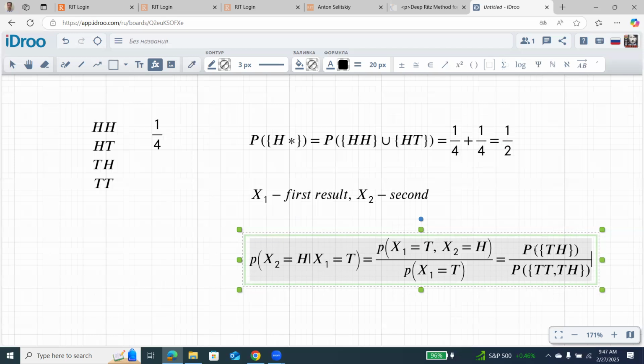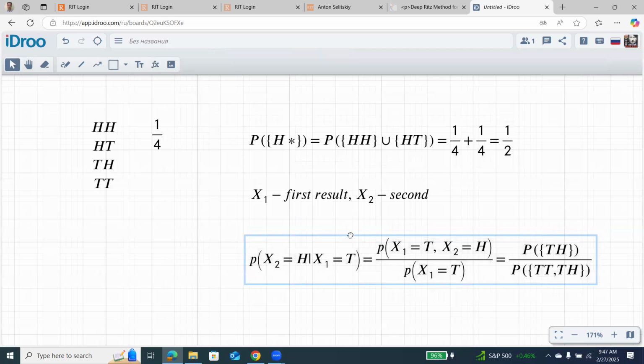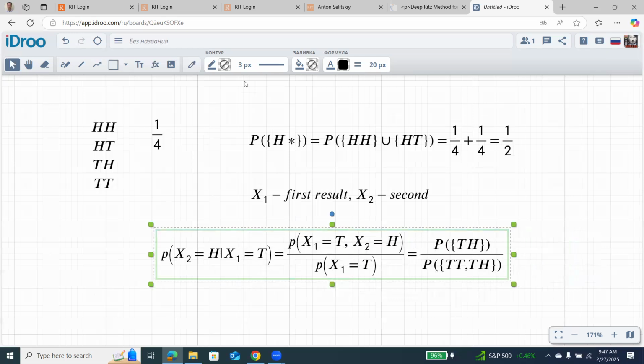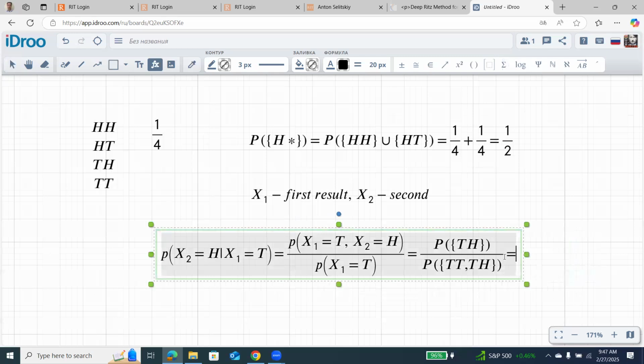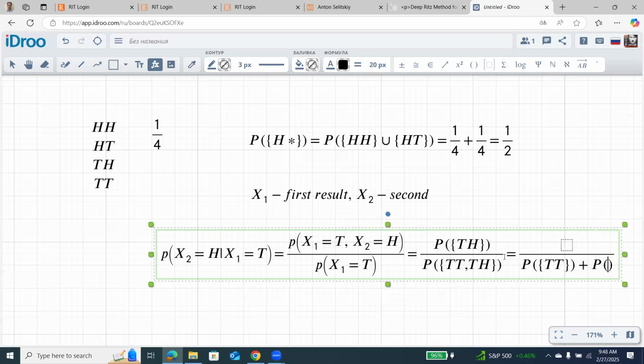So maybe it looks a little bit confusing. And the denominator can be written as the probability of the event tails tails. So these events are called in probability elementary events.